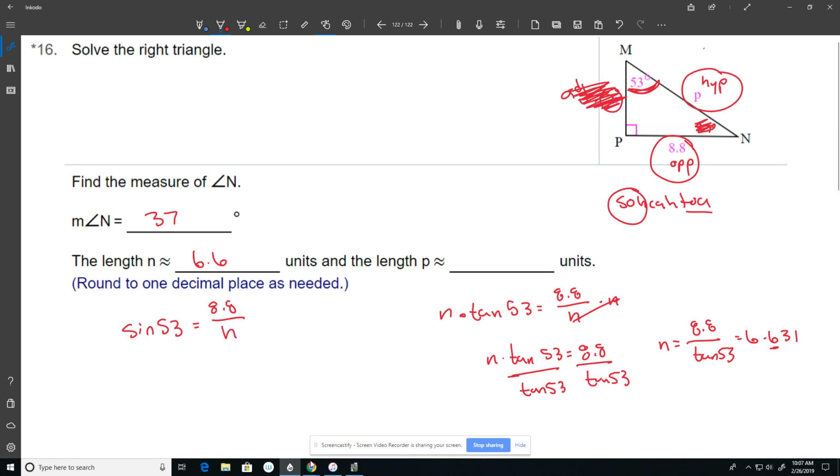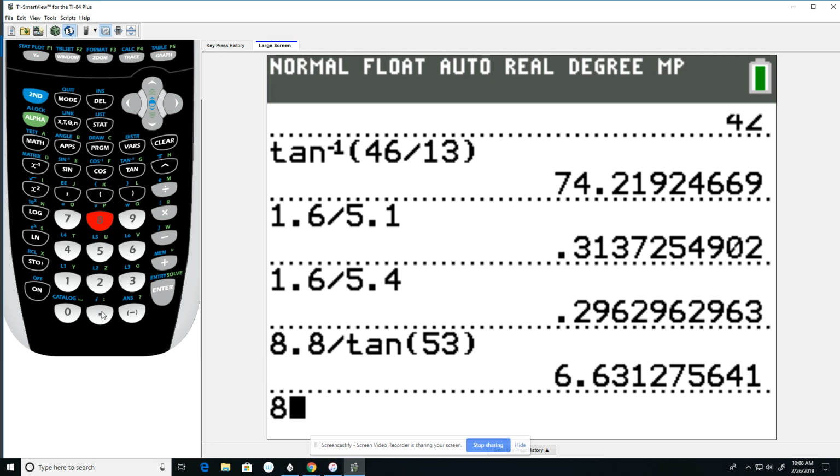That's what I'm trying to solve for. The hypotenuse is labeled P, so times both sides by P to get it off the bottom. So P multiplied by the sine of 53 equals 8.8. And to get rid of multiplying by sine 53, we just divide by the sine of 53. So P equals 8.8 divided by sine of 53.